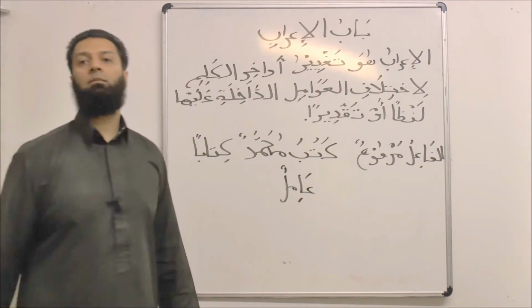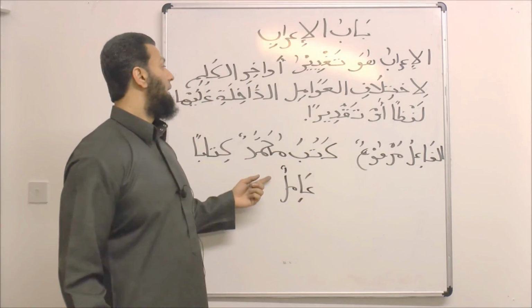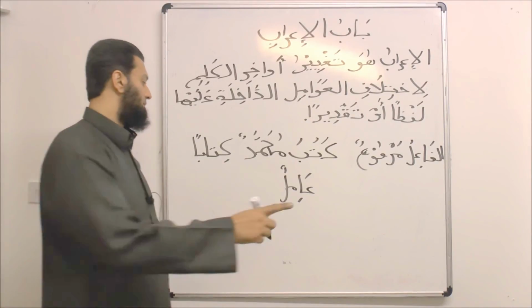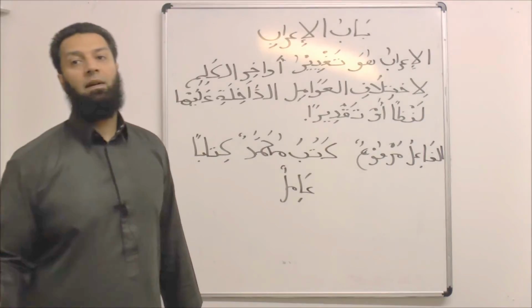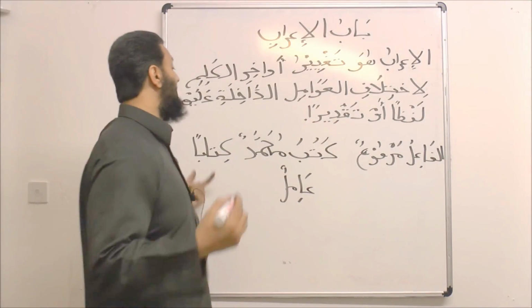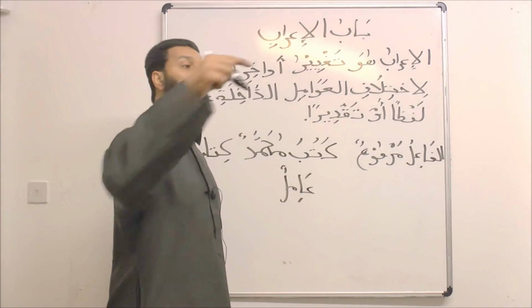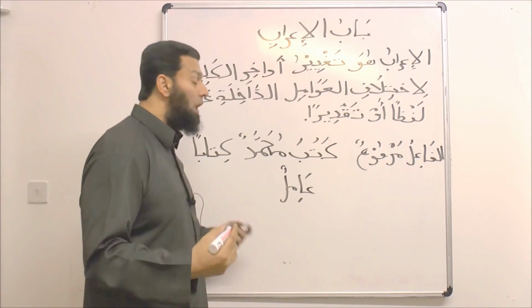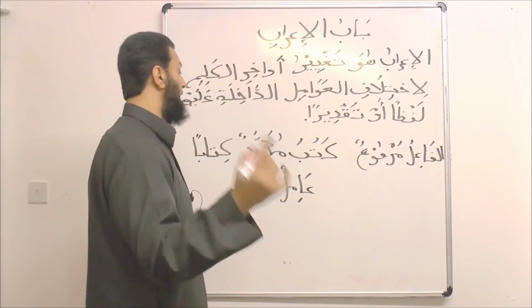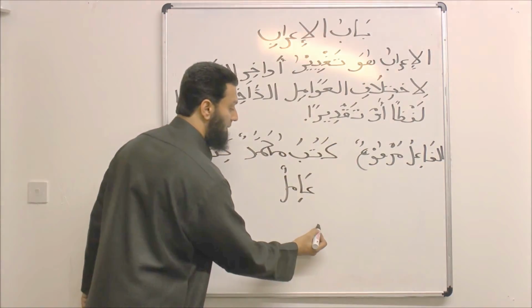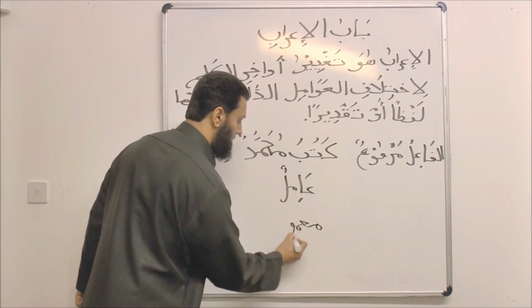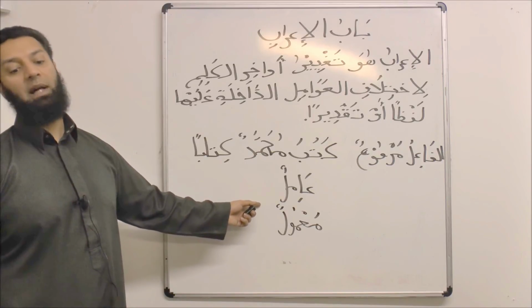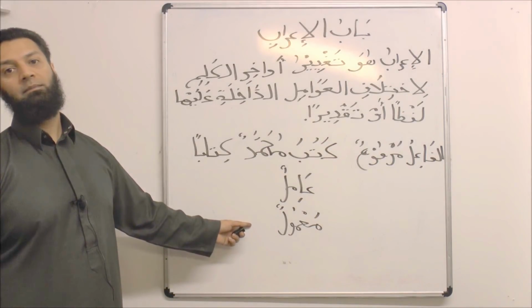Hasanan. Amilun is the actor, the one who caused the change. Hasanan. The word where that change becomes manifest is called ma'mulun. Amilun and ma'mulun. Right?